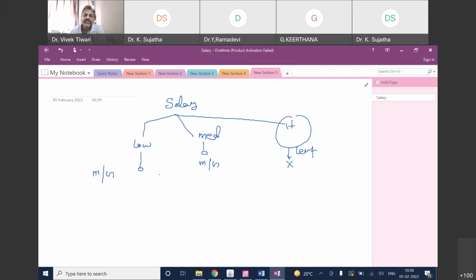Please make it clear, all the participants. There are no such rules here. This node may select the marital status for the next split, and this node may select the gender for the next split. Never develop the misunderstanding that one level of the decision tree must have the same attribute.